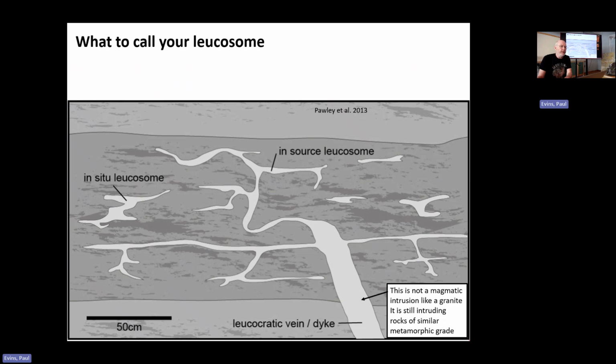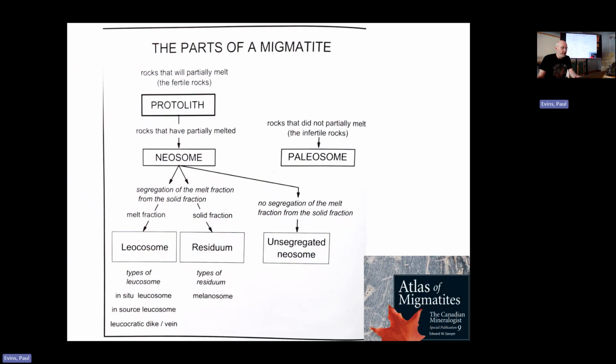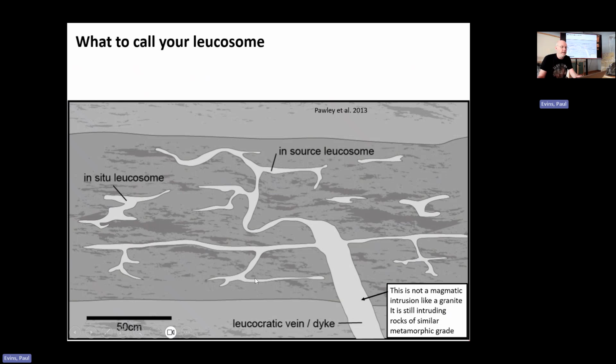Now for the leucosome, there are 3 different ways to describe it, depending on where you are and the scope of it, let's say. If we take a layer that is a source layer that is easy to melt, has more micas in it, for instance, originally more clay, we have an in situ leucosome, so these patches and layers that you see haven't moved anywhere. We have an in source leucosome, which has moved and is going along here, spreading in these dramatic ways, but it's still in a source layer.